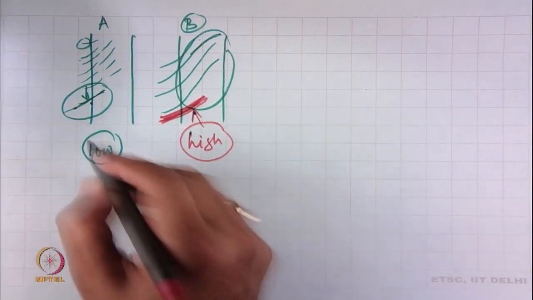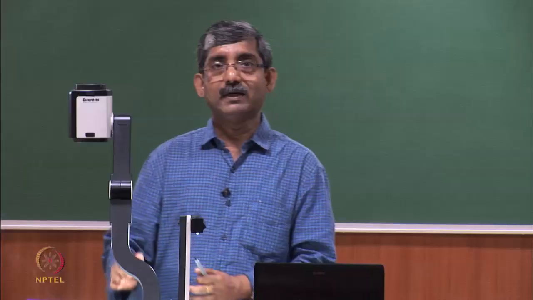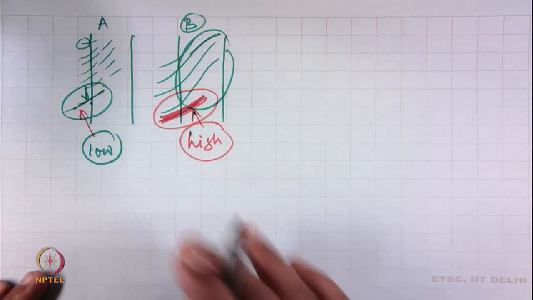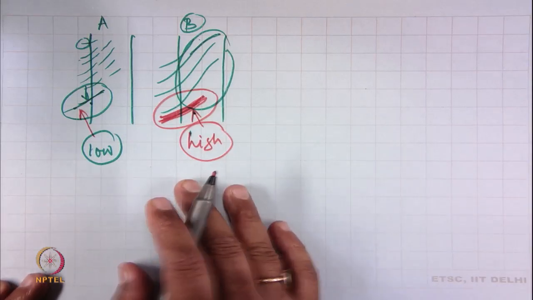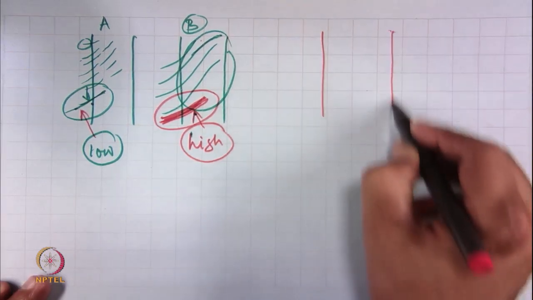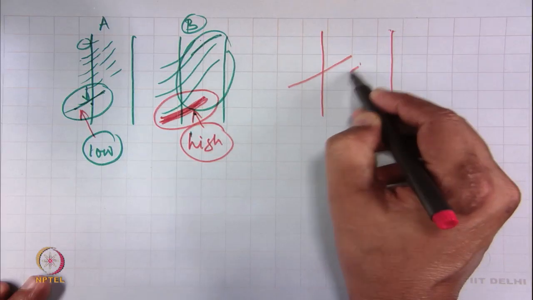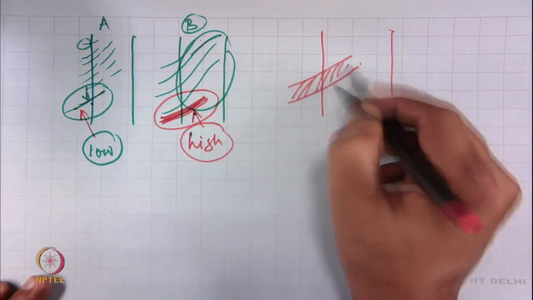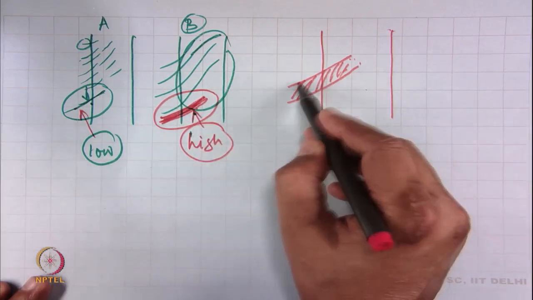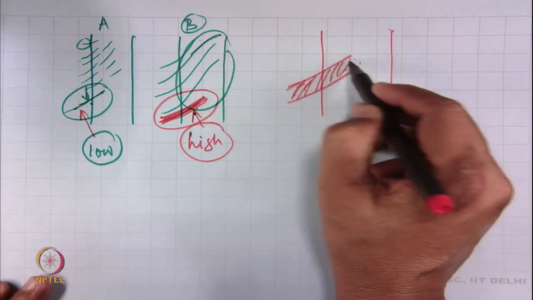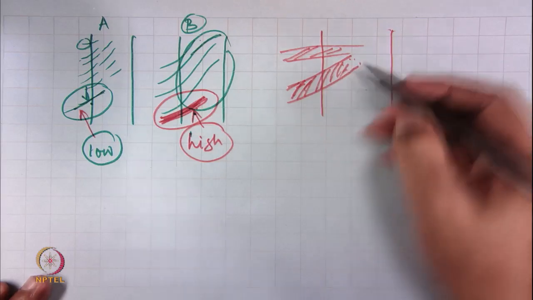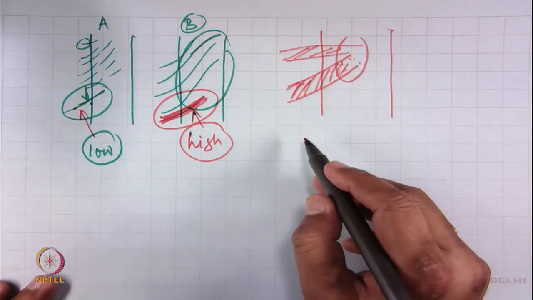This will have high abrasion resistance, but if we keep on increasing the linear density of the fiber, if we are making the fiber very coarse. Okay. Now, we are making a yarn with a very coarse fiber. This is fine, this is moderately fine, and then this is very coarse. Now, if we are making a yarn with very coarse fiber, what will happen? The number of fibers in the cross section will be less.